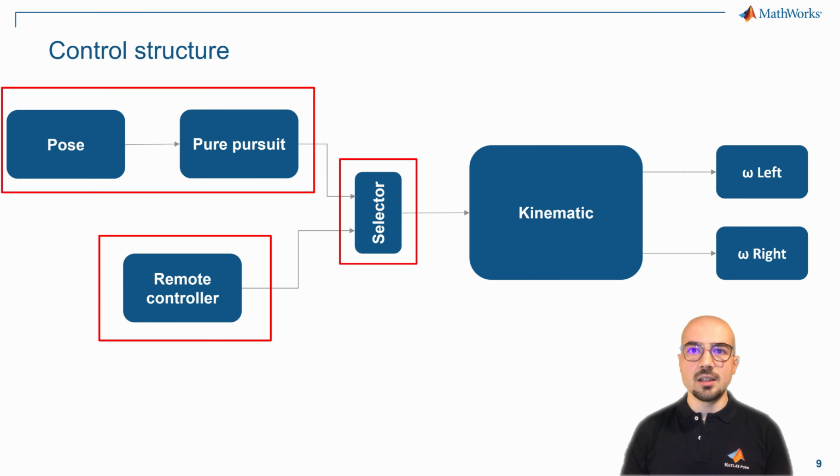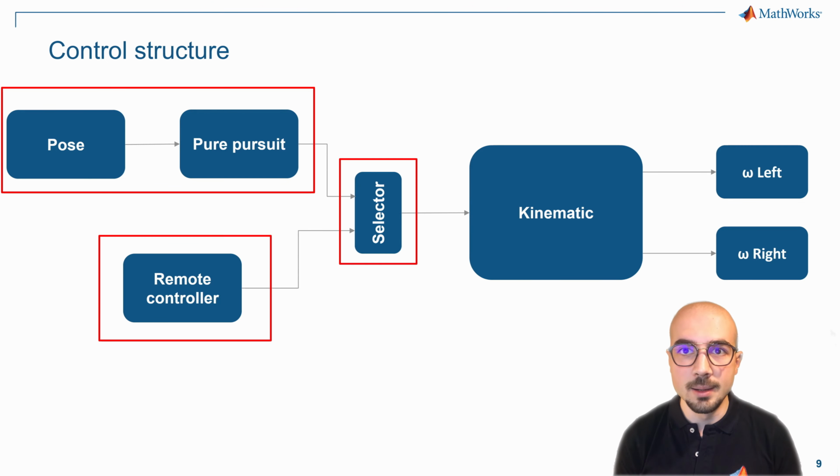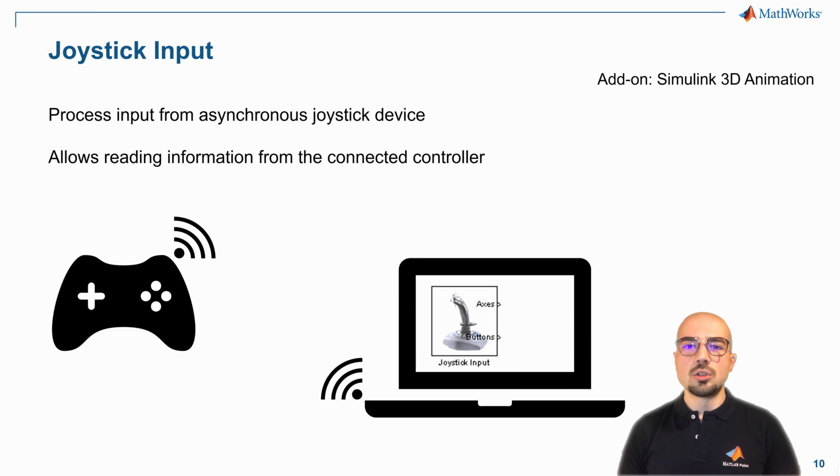Then, through a selector, we can discriminate if we want the automatic one or the remote controller, and then through the kinematics and the omega left and omega right, we compute the output. So, speaking about the joystick input.